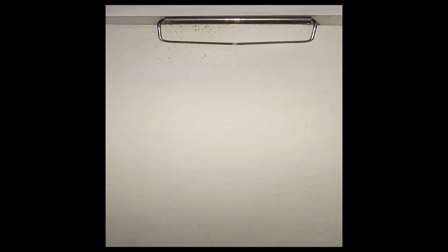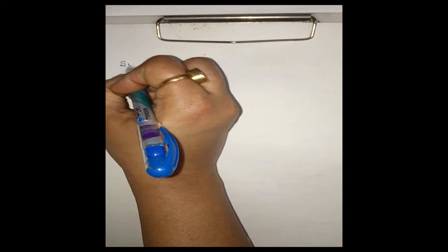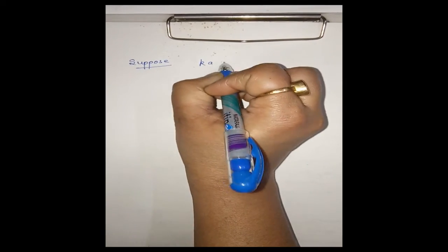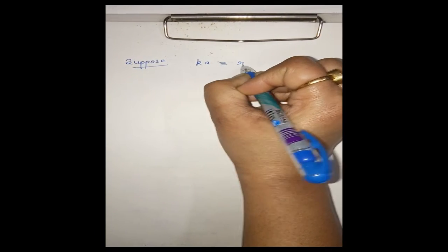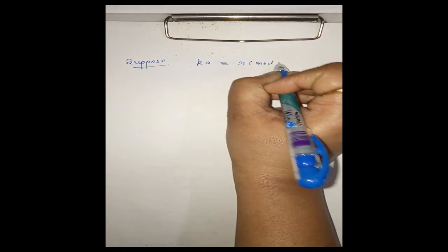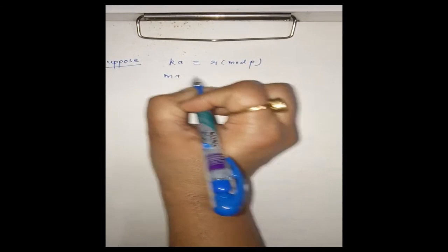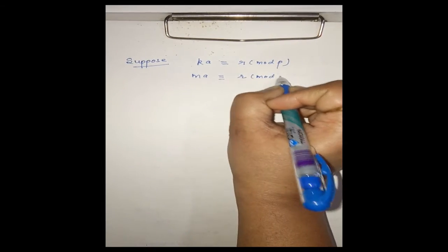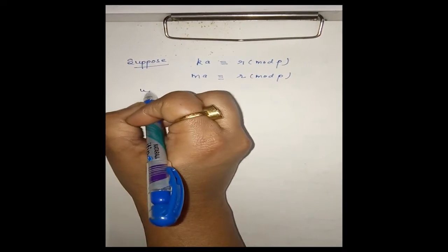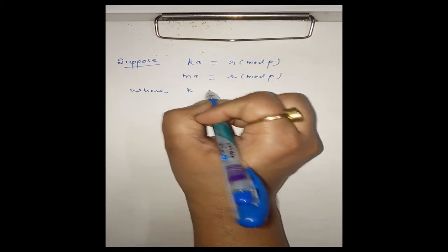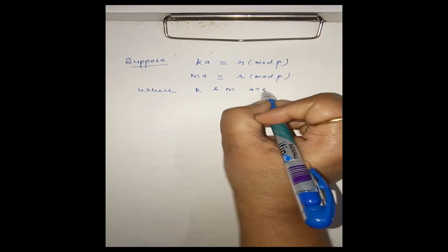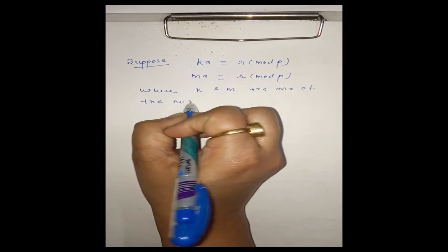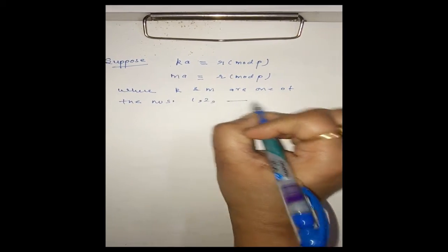Now, again we are going to suppose that the number ka leaves a remainder r on dividing by p, and in the same way let the number ma leave a remainder r on dividing by p, where k and m are among the numbers 1 to p minus 1.